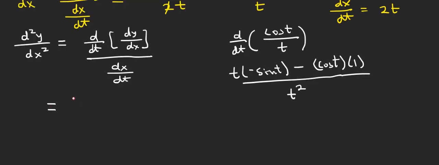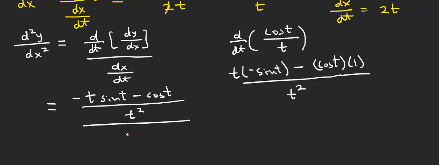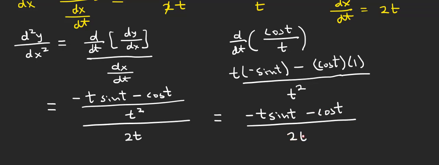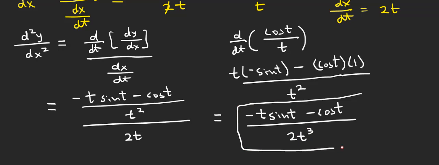So it's going to be negative t sine t minus cosine t over t squared, over 2t. When you simplify this, you will end up getting negative t sine t minus cosine t, all over 2t to the third power. So this is the second derivative.